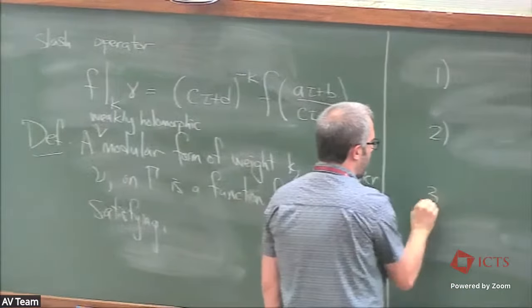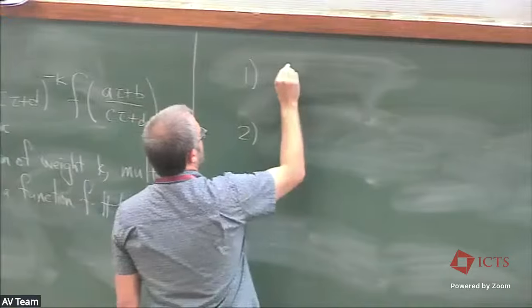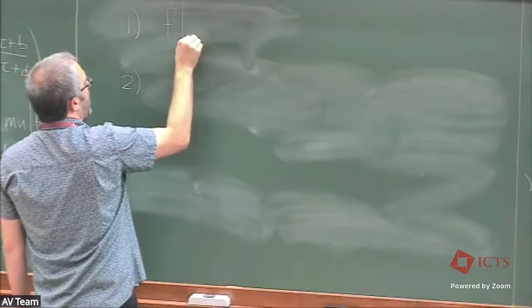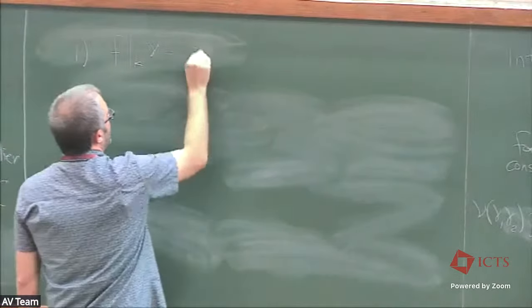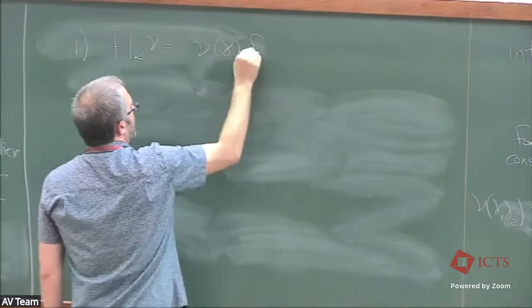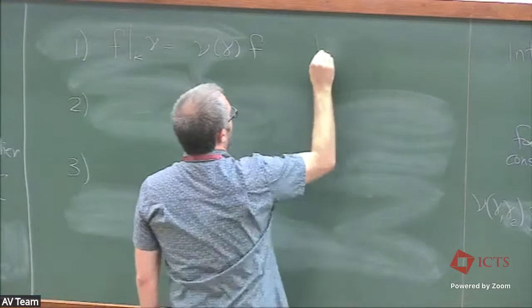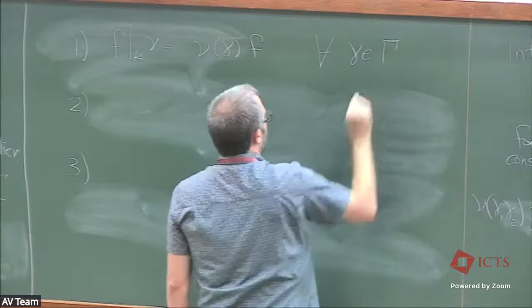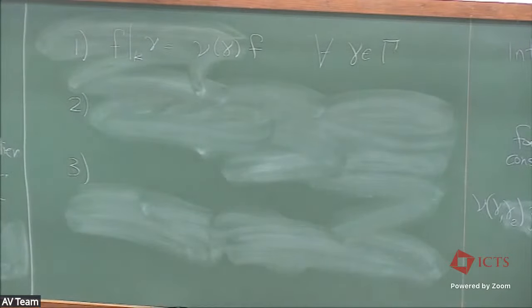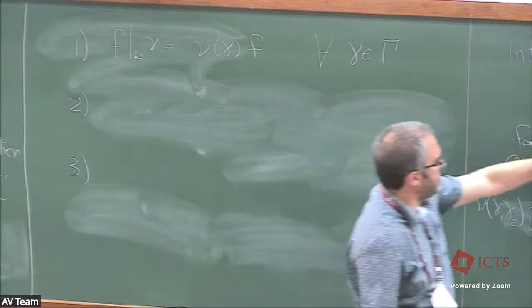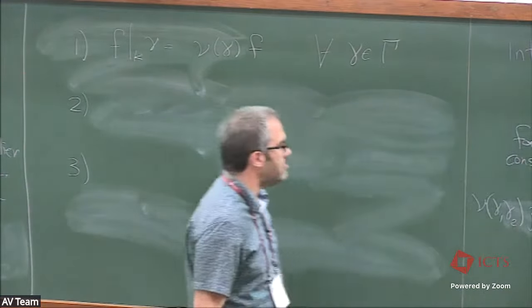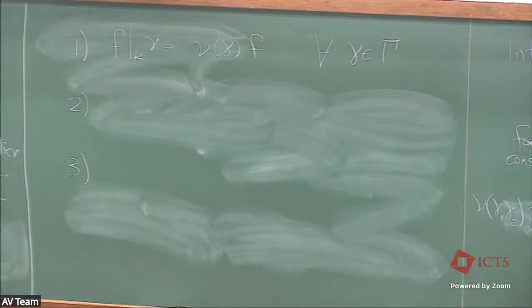The first one we've already talked about: f slash k gamma should be nu of gamma times f for all gamma in gamma. I wrote that slightly differently than before, but this number one says the same thing. Okay, so that's the fundamental relation that we need.